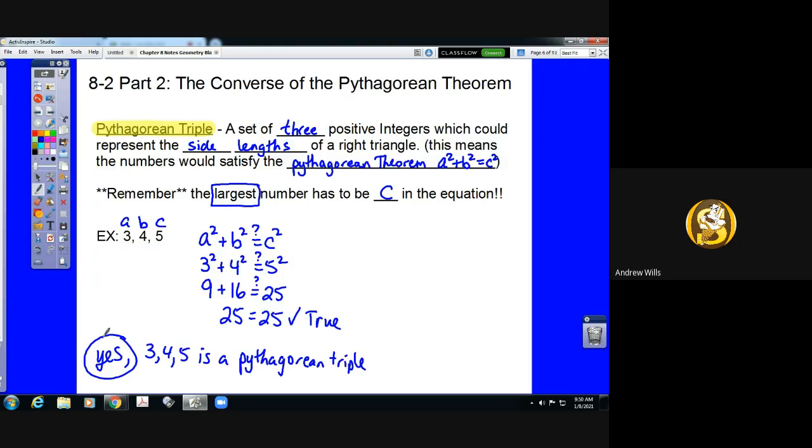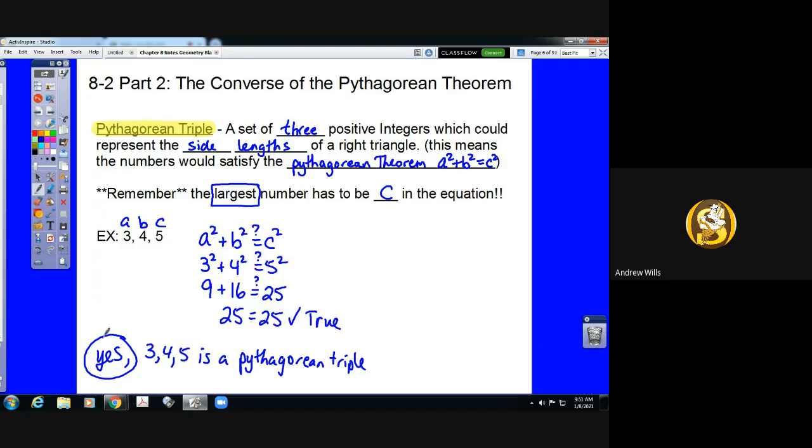And Pythagoras is famous because he was the first person who is recorded as realizing that these sets of three integers existed that formed right triangles, which revolutionized a lot of things in ancient Greece, specifically architecture. And as a result, his followers kept this information extremely secret.